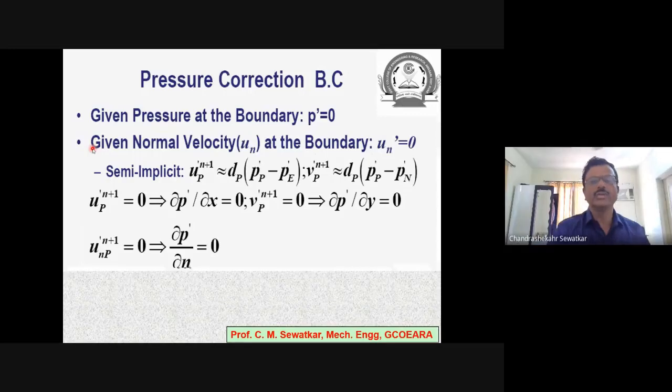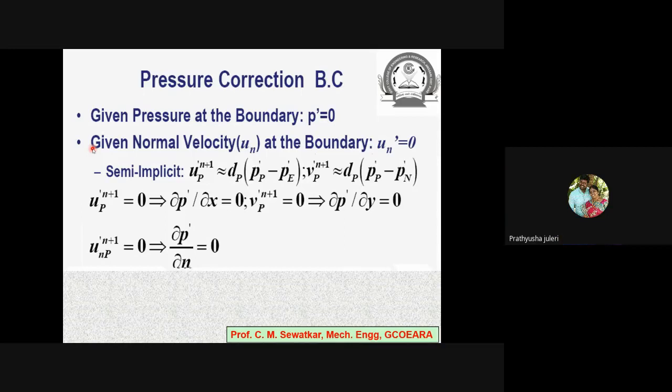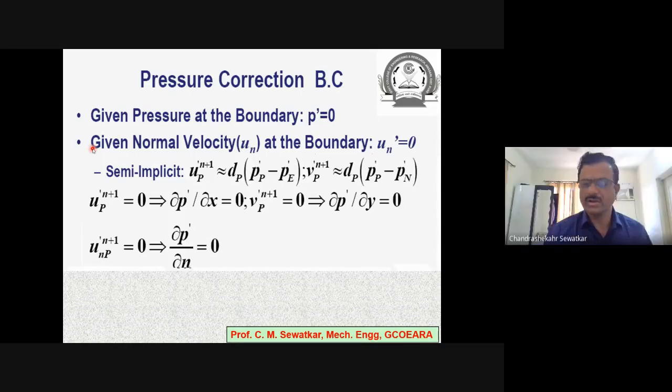How do we implement the pressure correction boundary condition? Because we need to calculate the pressure correction at all the points, we need pressure correction boundary condition. The first thing you must remember is why we need it: we obtain the pressure correction by solving a loop iteratively, and in that iterative process we need boundary conditions for pressure correction.